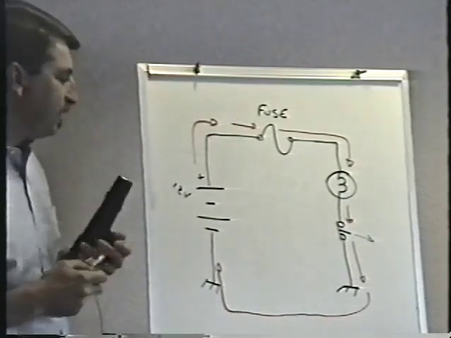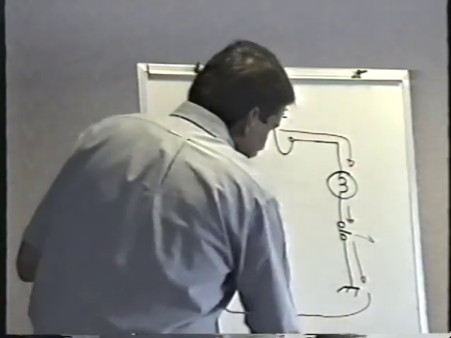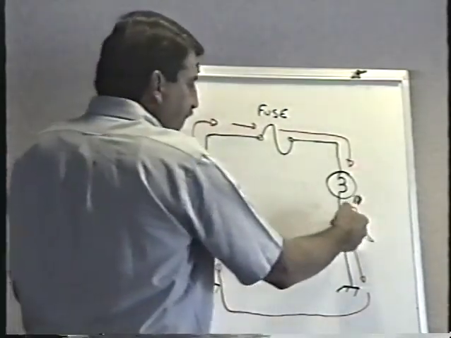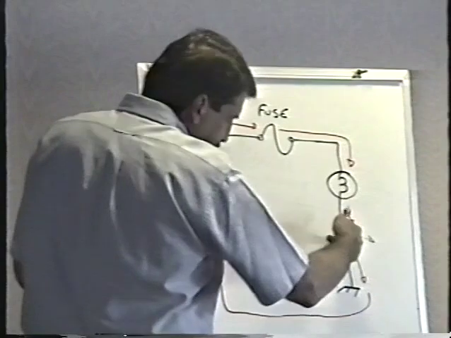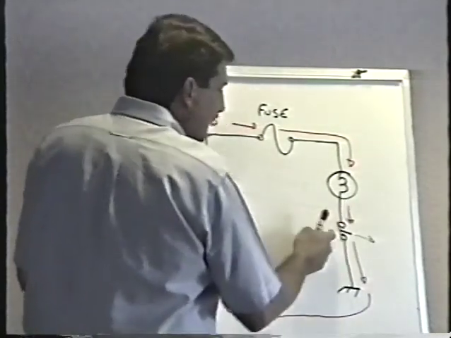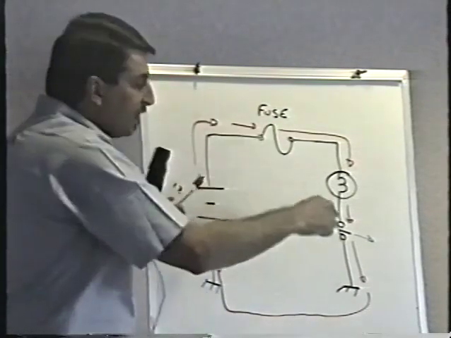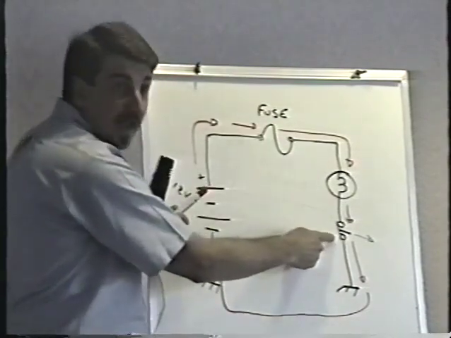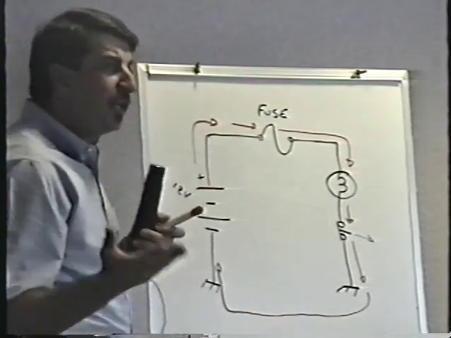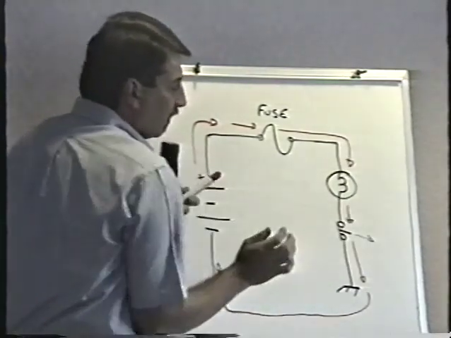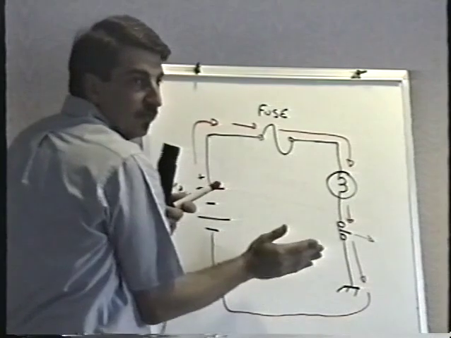Now, a couple of weird things about this. Number one, you'll notice that the switch is not in the source path, is it? The switch is in the return path. Does it make any difference where I break the current to turn the light off? No, it really doesn't.